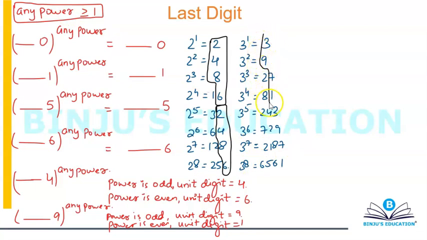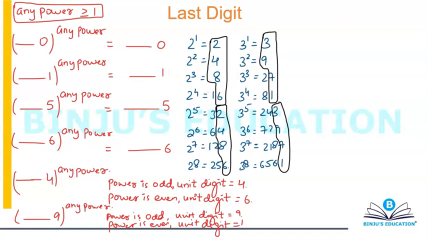Just concentrate on the unit digits. That's it. 3971, 3971. Just look at the unit digits, nothing else. It again has a cyclicity of 4.